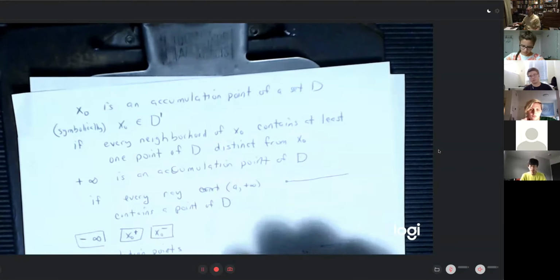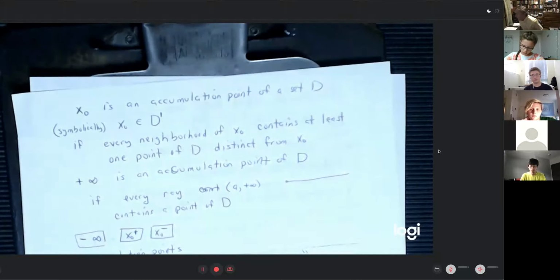Now, if we think about having a river, in order to cross the river you want some rocks in the river. The rocks have to be close enough to step on so that you avoid the water. This is a rough, not very good analogy to an accumulation point. When I say infinity is an accumulation point, you can think of infinity as the other bank you're trying to get to.